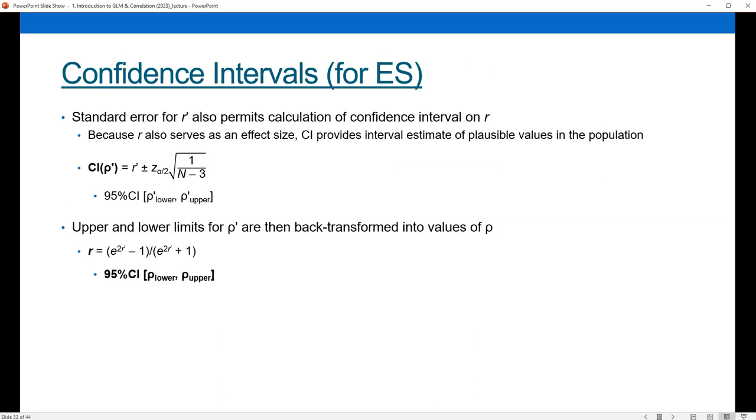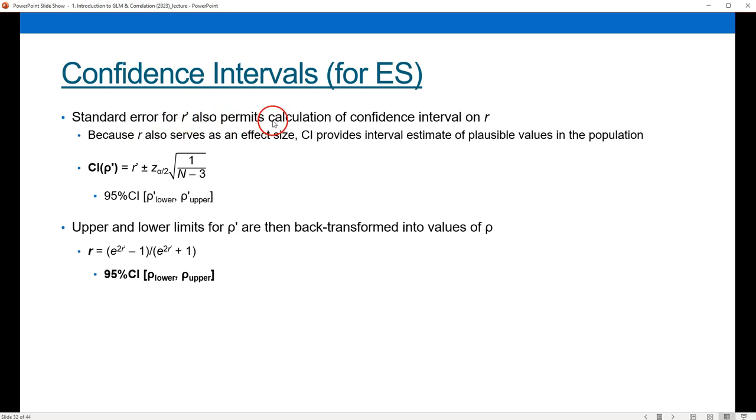All right. Other thing we can do, confidence bounds, right? Love confidence bounds. I can calculate confidence bounds for my regression or my correlation coefficient, which functionally is generating confidence bounds around my effect size. Now, when we're thinking about doing this, remember that I can get a standard error for r prime, my Fisher's r to z.